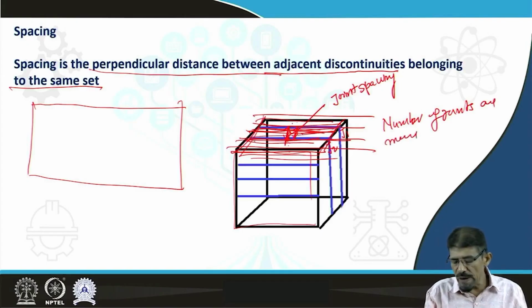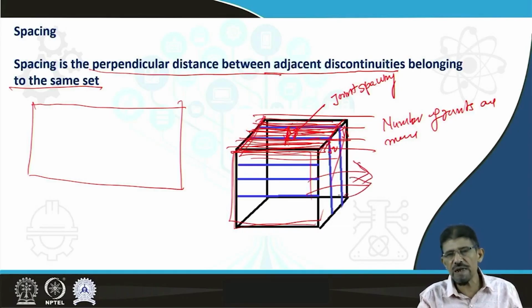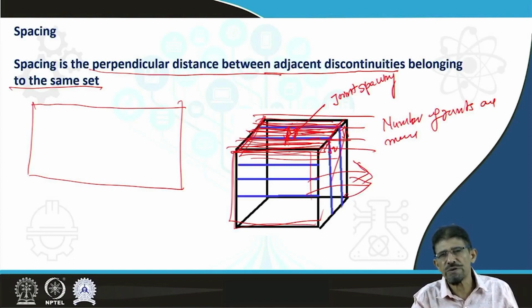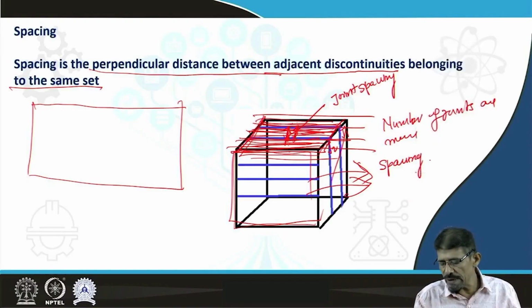If the number of joints is more, it means if the number of discontinuity planes traverse this block or strata, it is going to show a reduction in strength response. So spacing is more. We can say that if the spacing value is more, then the number of joints is less, and if the spacing value is less, then the number of joints is more.